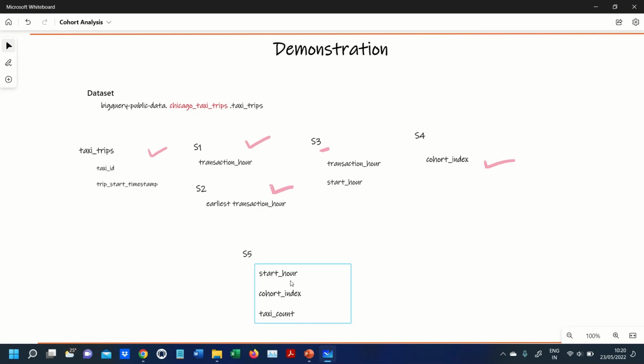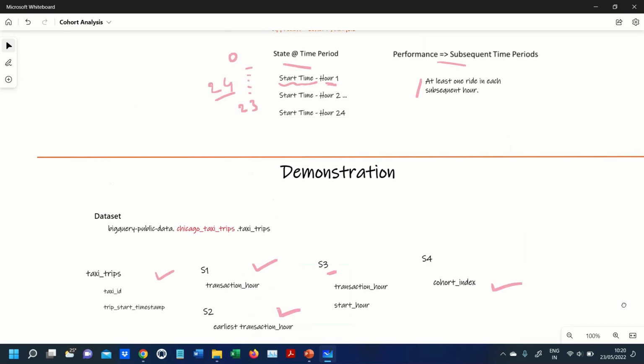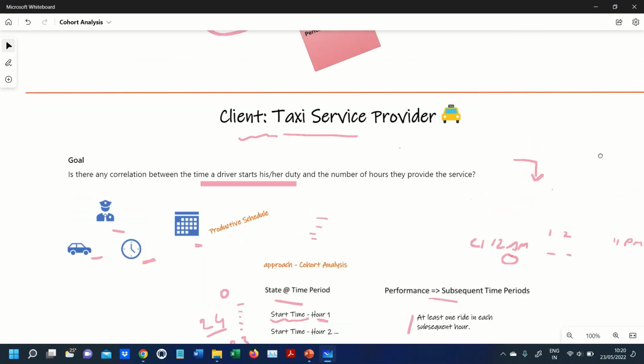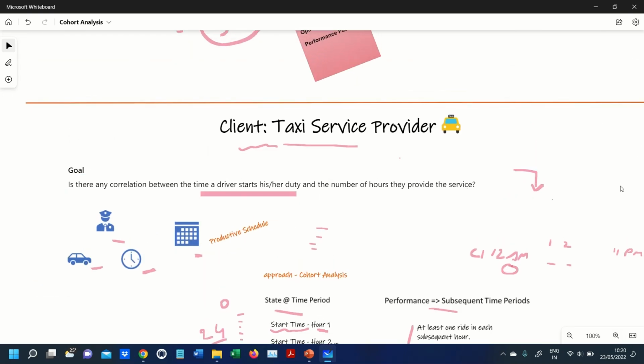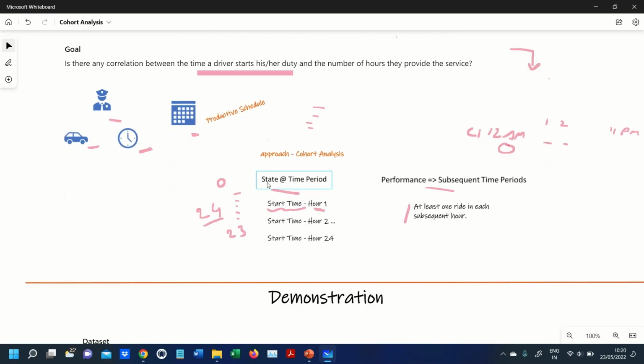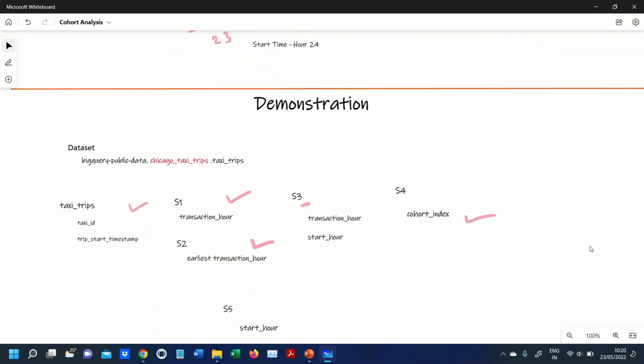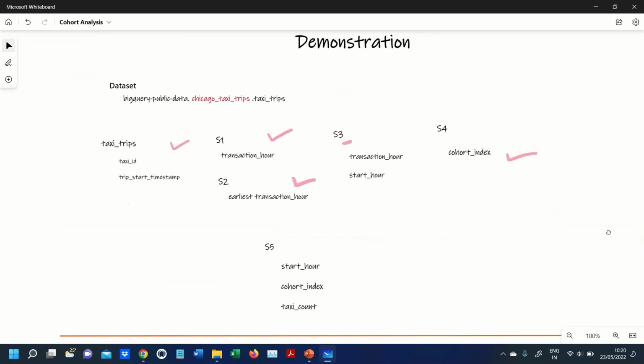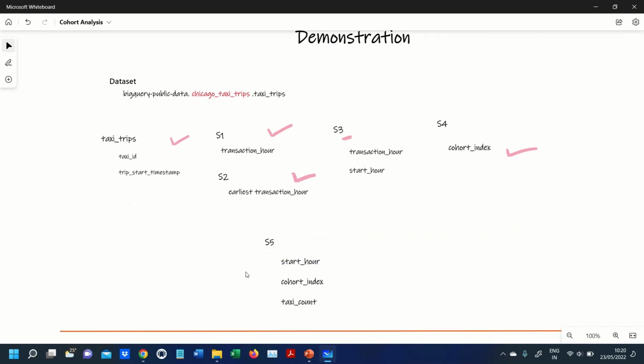The start hour is the taxi's start time. So let's group this by start hour and find how many taxis there are for each cohort index.